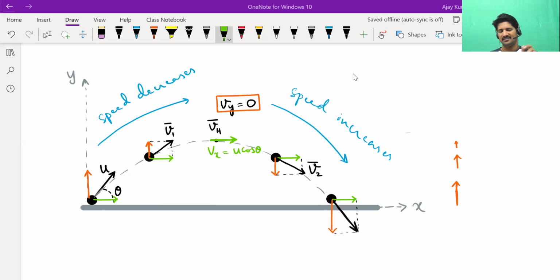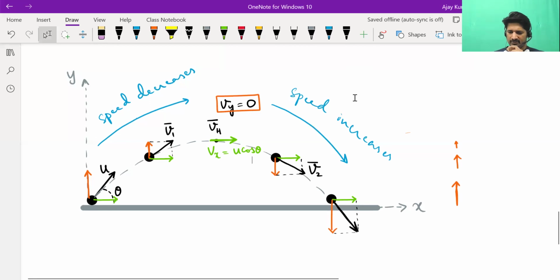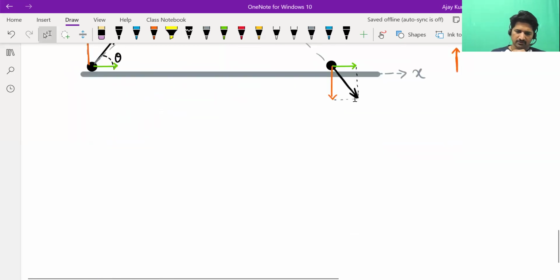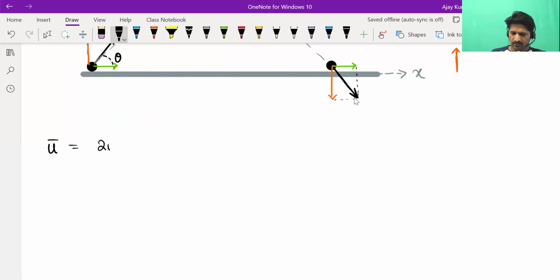Yes, sir. Right. In fact, let's solve a problem first. Assume initial velocity is some 20 i cap plus 30 j cap meters per second. And acceleration is acceleration due to gravity, so minus 10 j cap meters per second square.